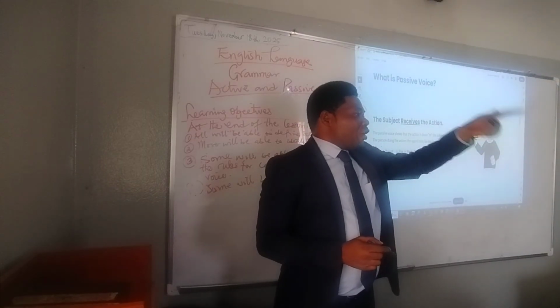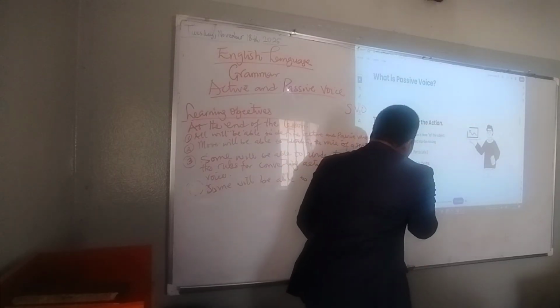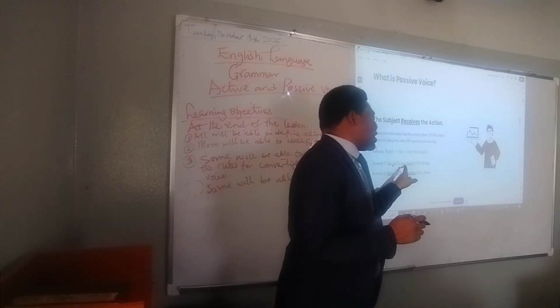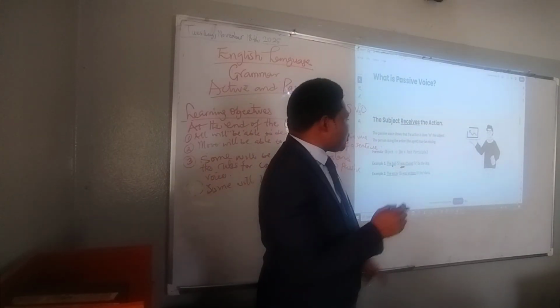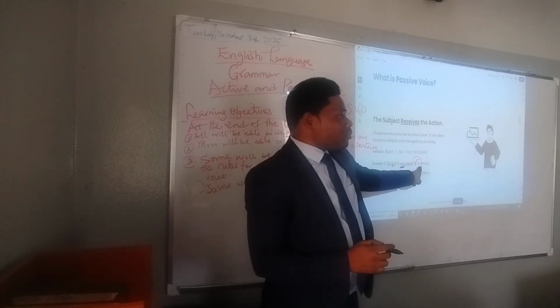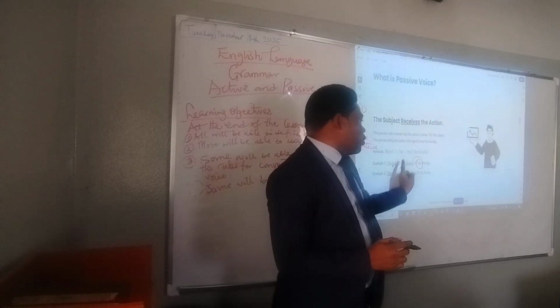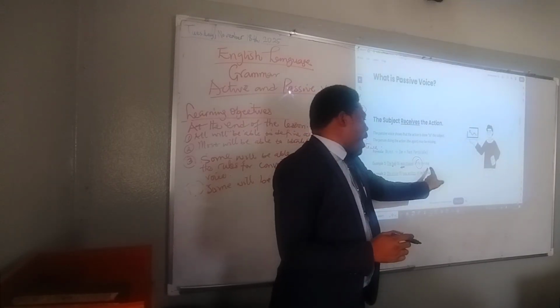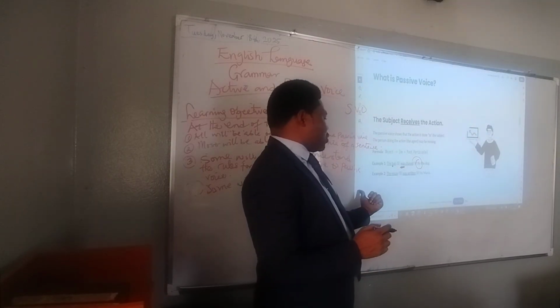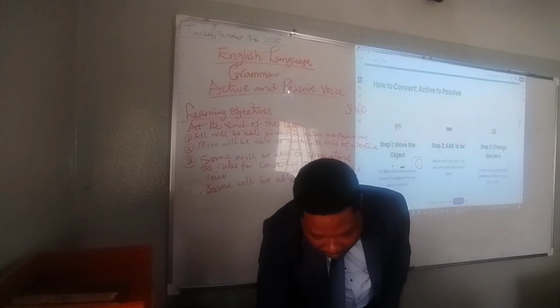Auxiliary verb, or helping verb. Thank you. So we introduce the use of an auxiliary verb in the sentence, and then we also introduce the preposition by, right? And then the position of the subject moves to the object position while the object moves to the subject position, right? Now let's move on to the next slide.